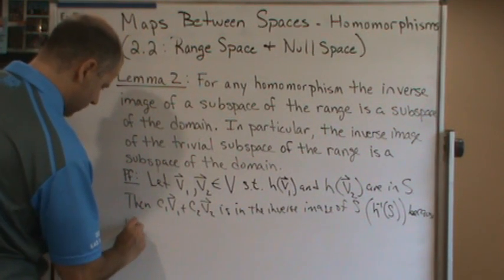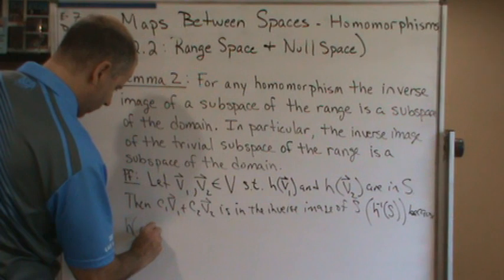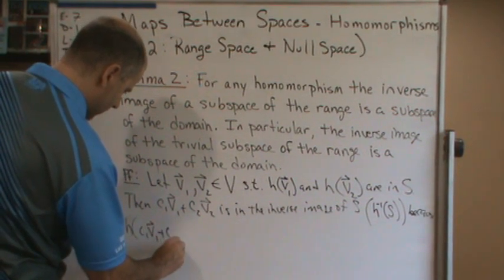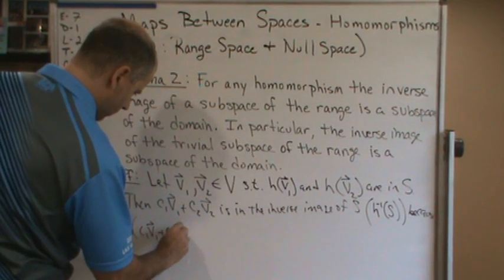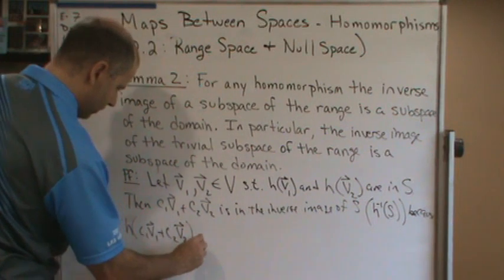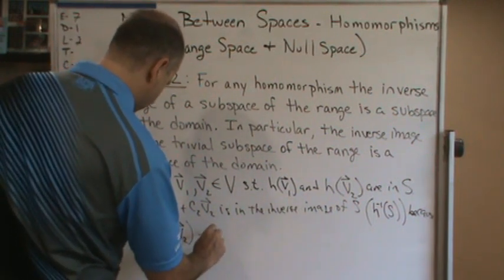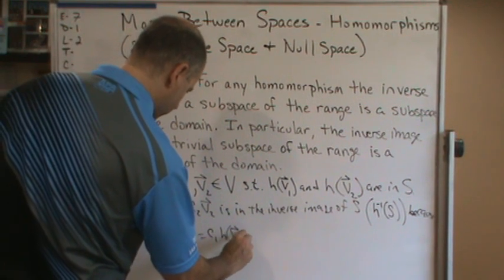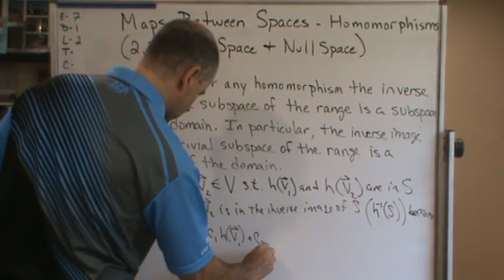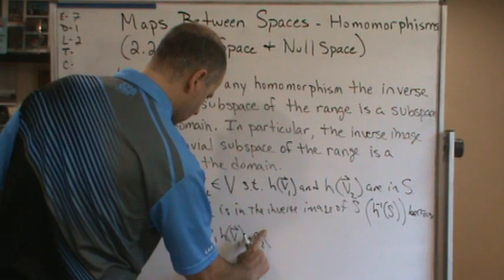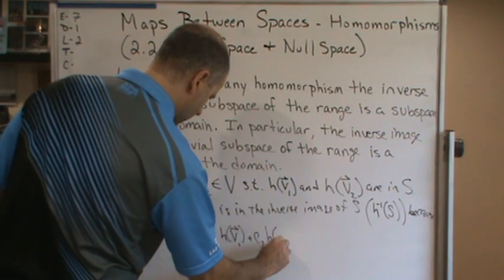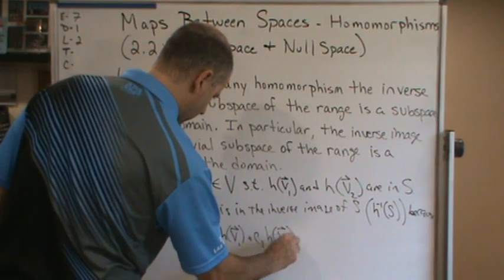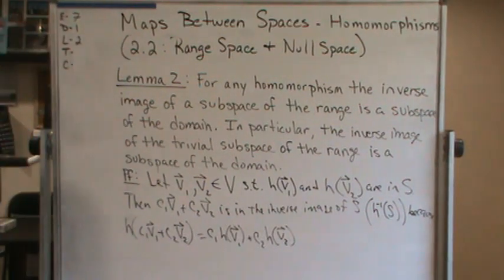So if we take H of C1 V1 plus C2 V2, that's going to equal C1 H of V1 plus C2 times H of V2.